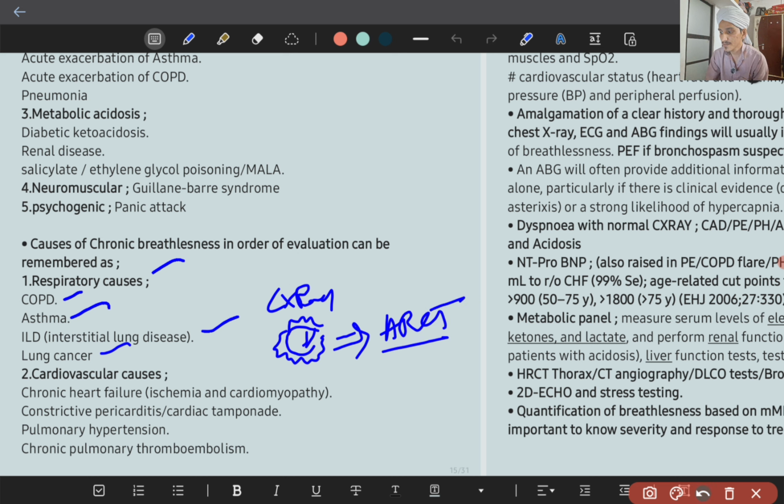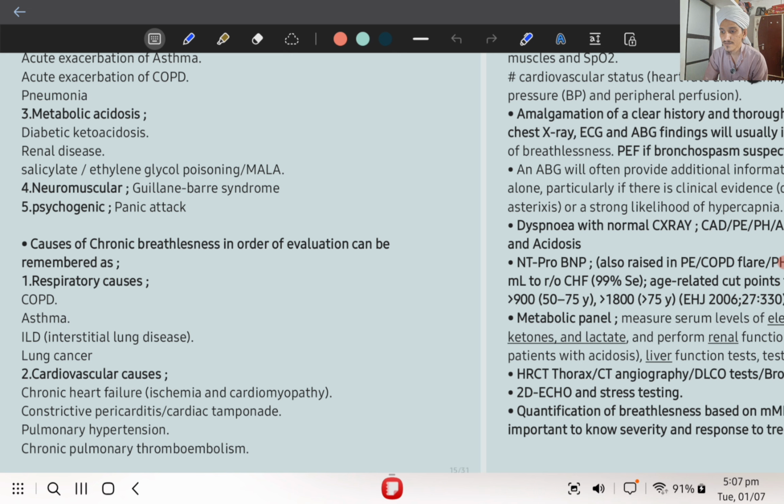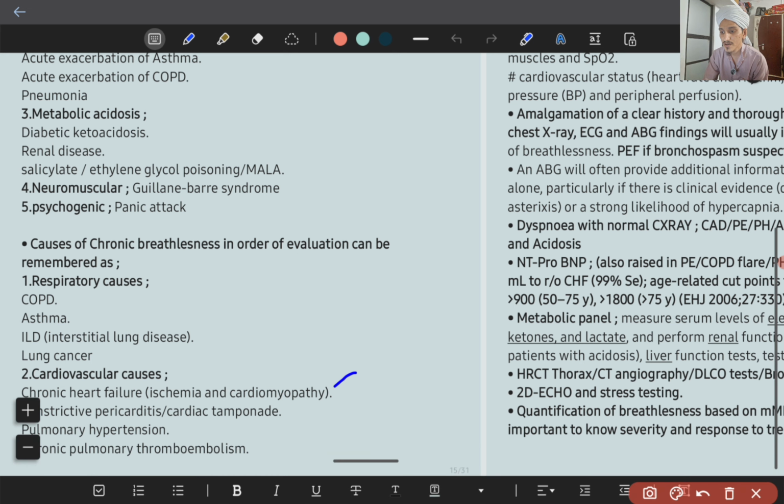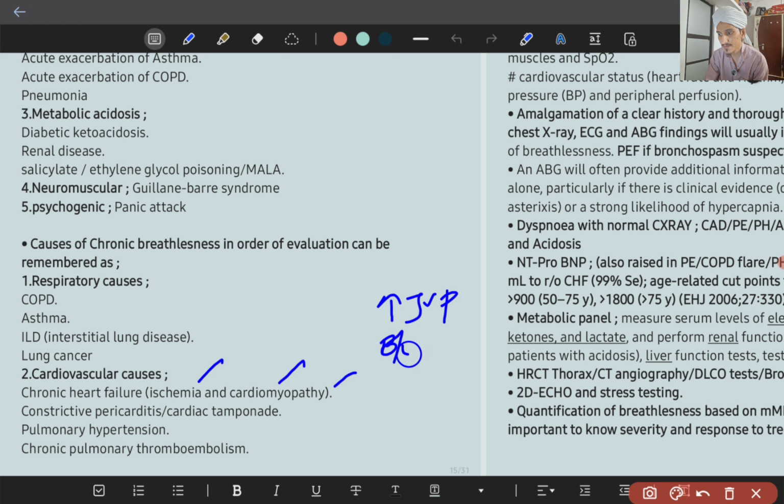Okay, coming to the cardiovascular causes. Chronic heart failure, either due to ischemia or due to cardiomyopathy. There will be raised JVP and a history of bilateral pedal edema.